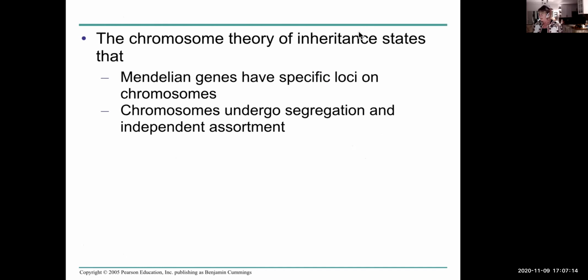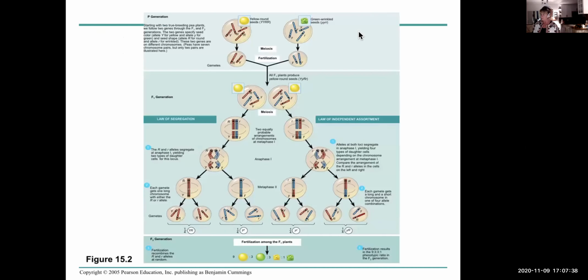So the chromosome theory of inheritance states that Mendelian genes have specific loci and that chromosomes undergo segregation and independent assortment. Is that always the case? There are exceptions. Just like in ecology, there's an exception to everything. There's also an exception to these rules. This is quite a long, complicated-looking graph that you probably can't see very well.